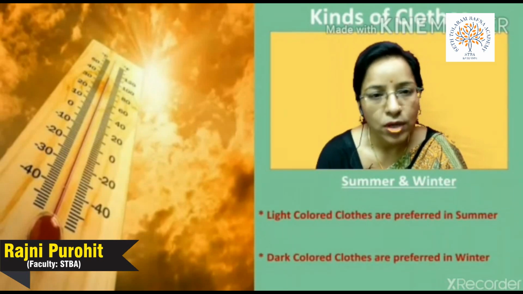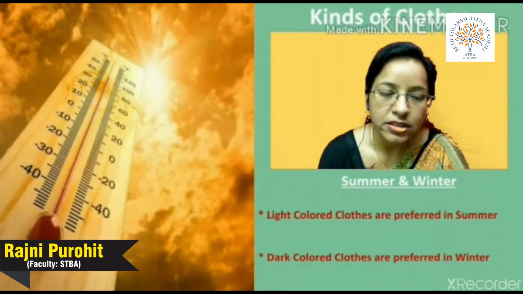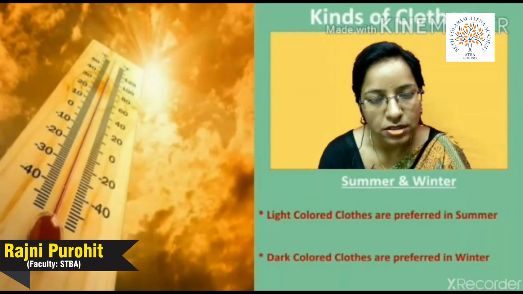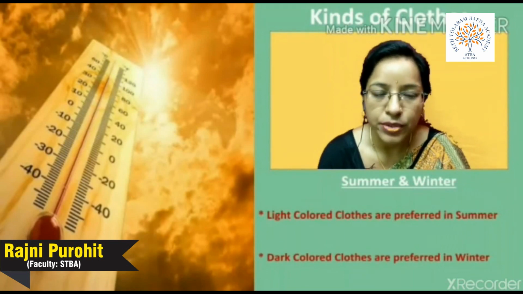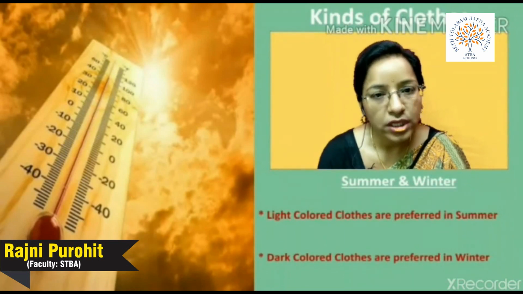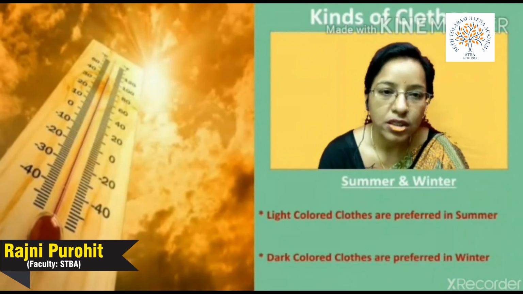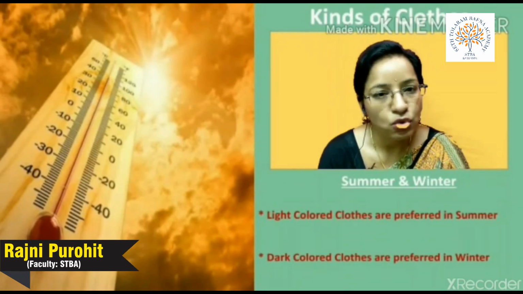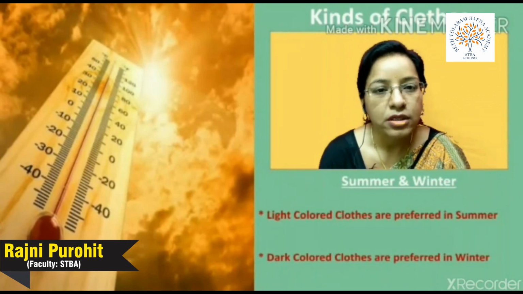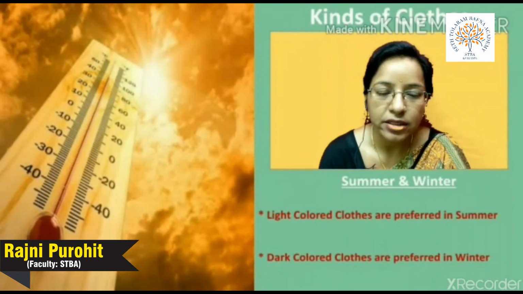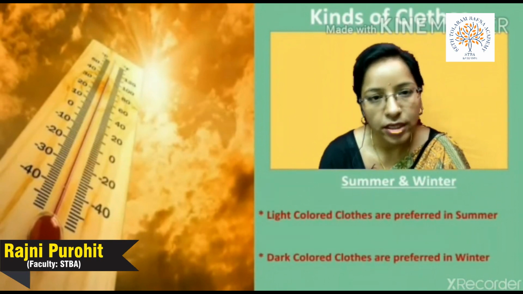One more example: why do we use two thin blankets instead of one thick blanket in winters? The answer is very simple: two thin blankets will trap more air and will not allow the heat to pass to the surroundings. So it is more preferable to use two thin blankets instead of one thick blanket.